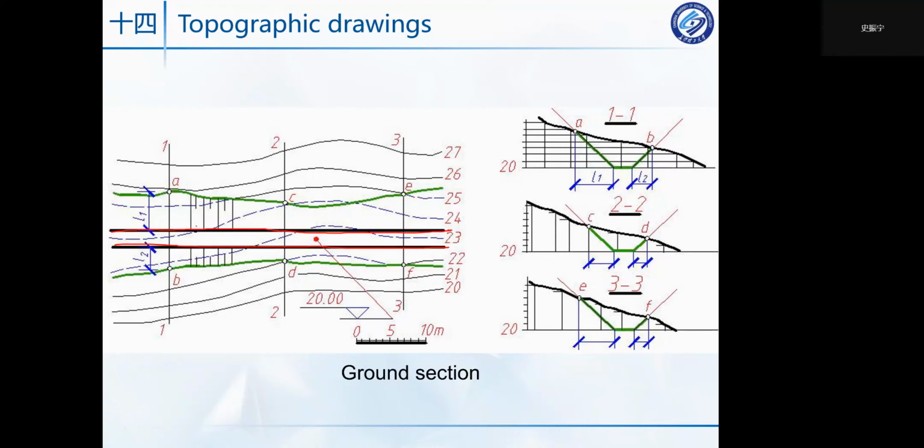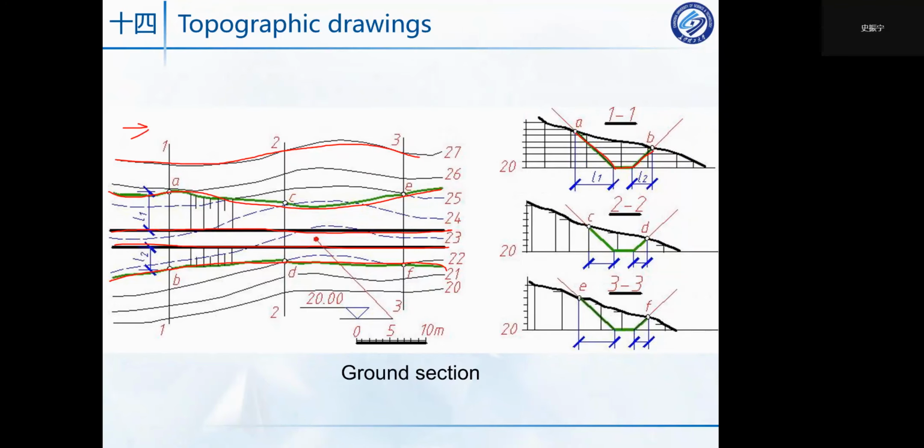Usually the slope of the road is the same, and with the original contour lines, we can get the excavation line. The green one is the excavation line. Also, you can see the cut section 1-1. A is here, and B is here, and the road is at the bottom.